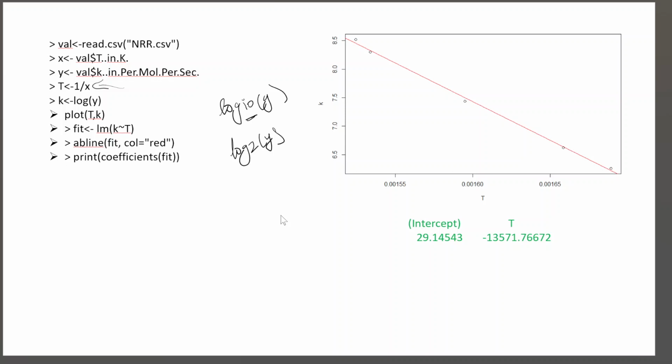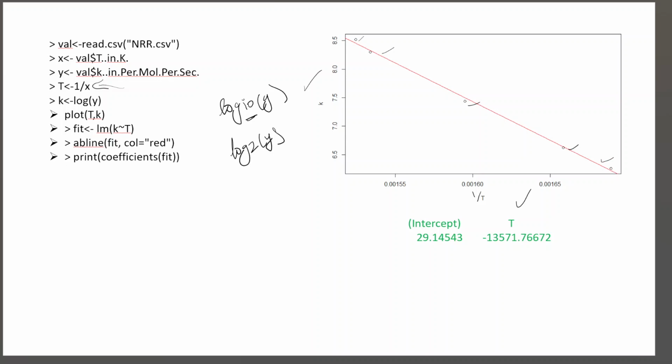So now I plotted temperature, 1 by T, on the x-axis and K on the y-axis. This is a log plot, this is a linear plot. When you plot this, we got the points here for the five values we gave as input.